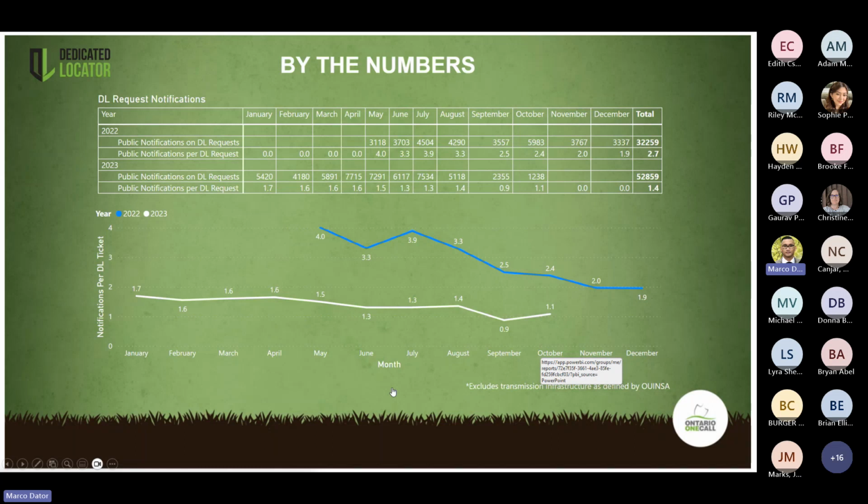Therefore, we are able to suppress your station codes from that point on, removing them from the public stream and putting them into the dedicated locator stream. With that, the numbers are steady at a ratio of 1.5 to 1, right? And this has the exclusion already of the one notification to the DLSP, and also the exclusion of transmission infrastructures.